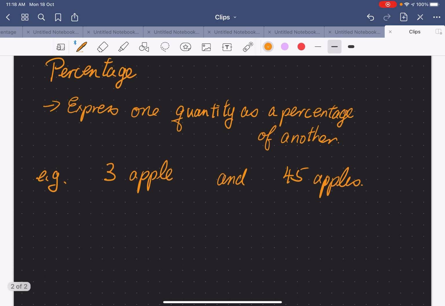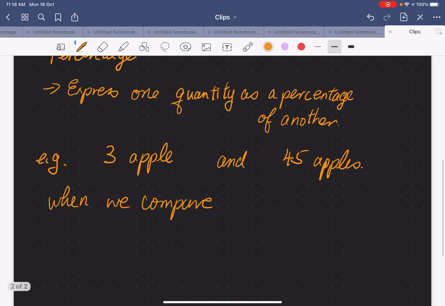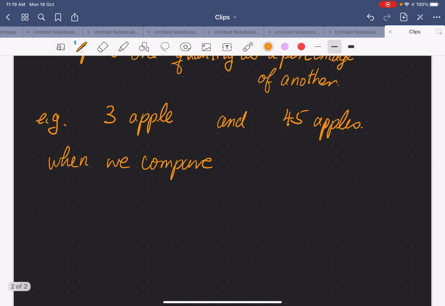So what we're going to do is compare them, 3 apples. When we compare, the question will look like this: Express 3 apples of 45 apples.